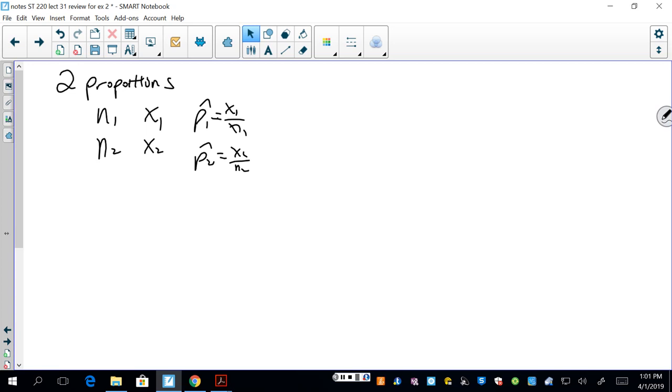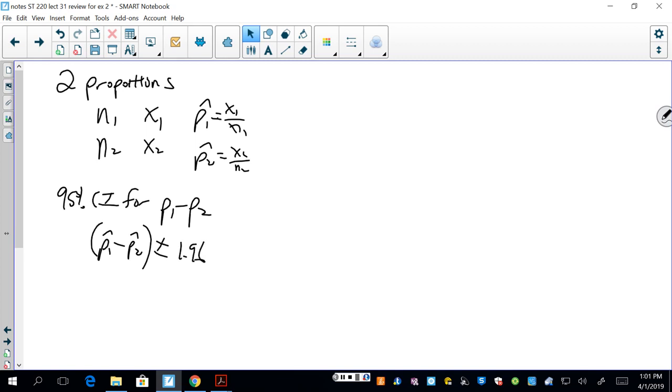And the 95% confidence interval for P1 minus P2 is P1 hat minus P2 hat, plus or minus the 1.96 value, and then the standard error of the difference.